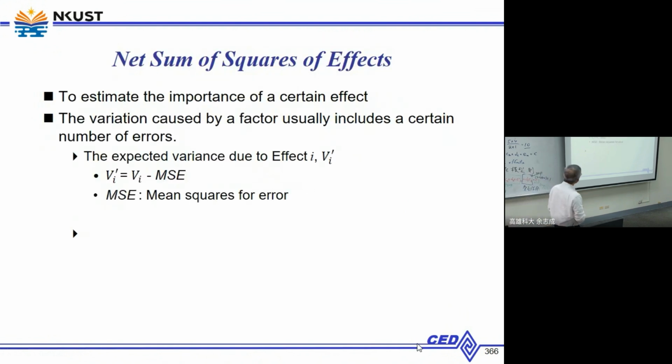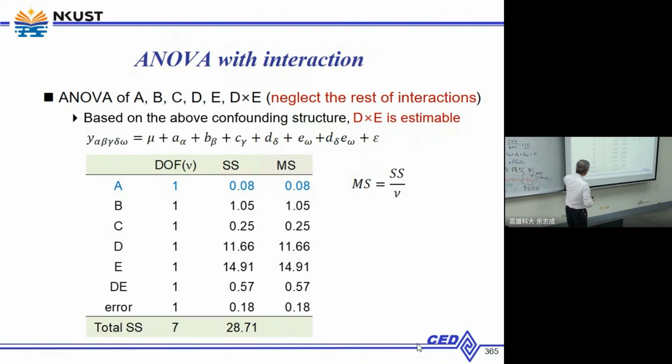All right, and now we want to calculate the net sum square for the main effects. As I introduced already, when you calculate the sum square for each main effect and the interaction effects, they also include some error. From our previous analysis, the error can be estimated using this mean sum square.